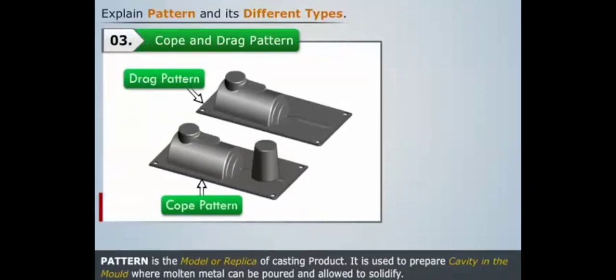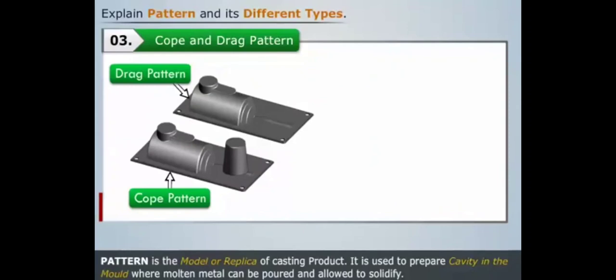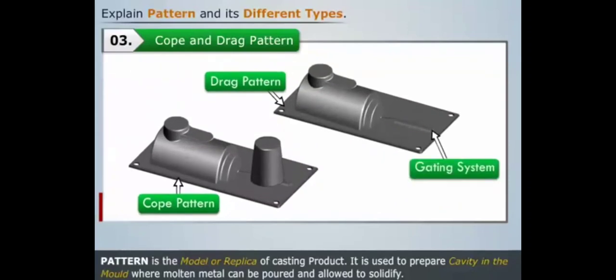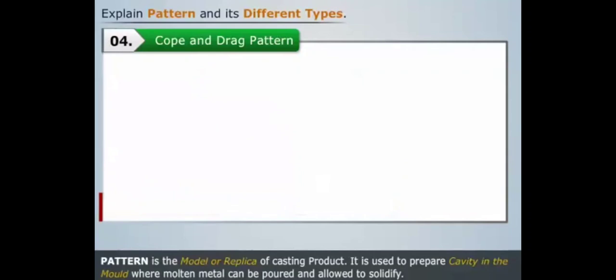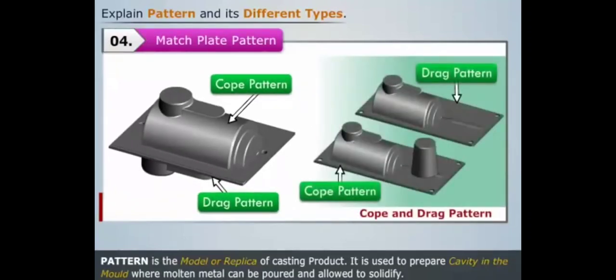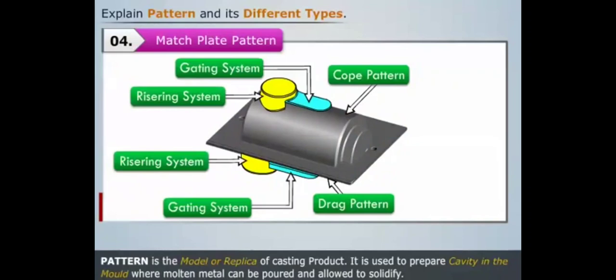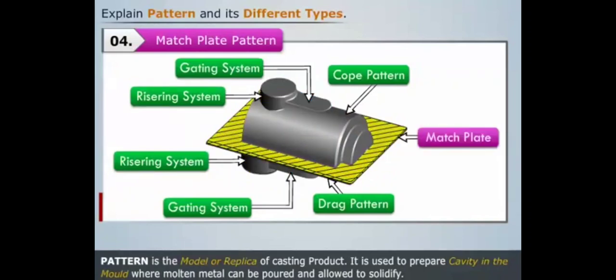Cope and drag pattern. It is a form of split pattern, with an integrated gating and runner system provided in the drag pattern, and an integrated risering system provided in the cope pattern. Match plate pattern. It is a form of cope and drag pattern, where both cope and drag patterns, along with the gating and risering systems, are mounted on a single match plate.